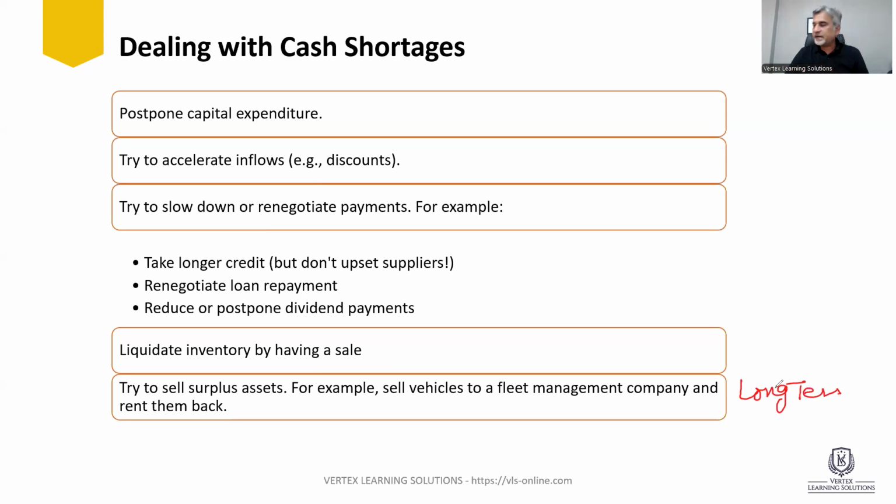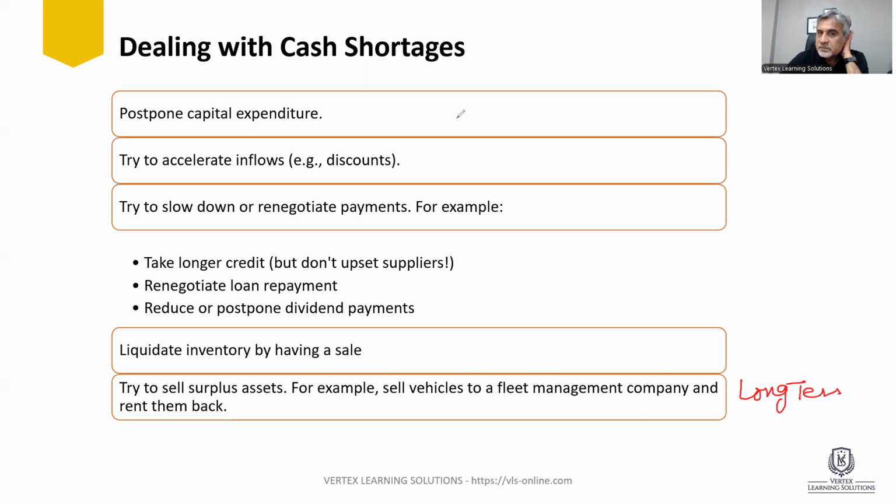If you see that you're going to have a cash shortage for a longer period of time, and taking a loan from a bank causes you extra interest, and you have some assets which are not used efficiently and can be sold, then you sell them. But if you have short-term shortages, 3 months or 6 months, then you don't sell assets.